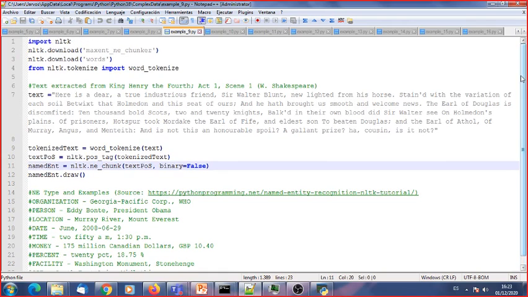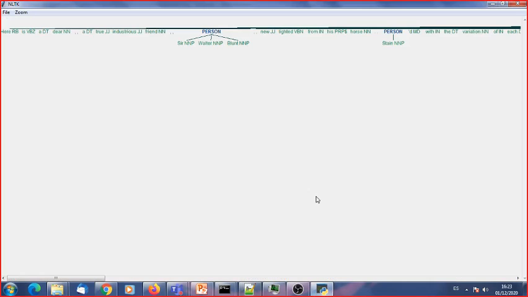I get a graphical interface here, a tree where you have the text. If you look at it, there are some words that only have the part of speech tag, for example here, or, is, a. But there are some groups of words that have a different tag.